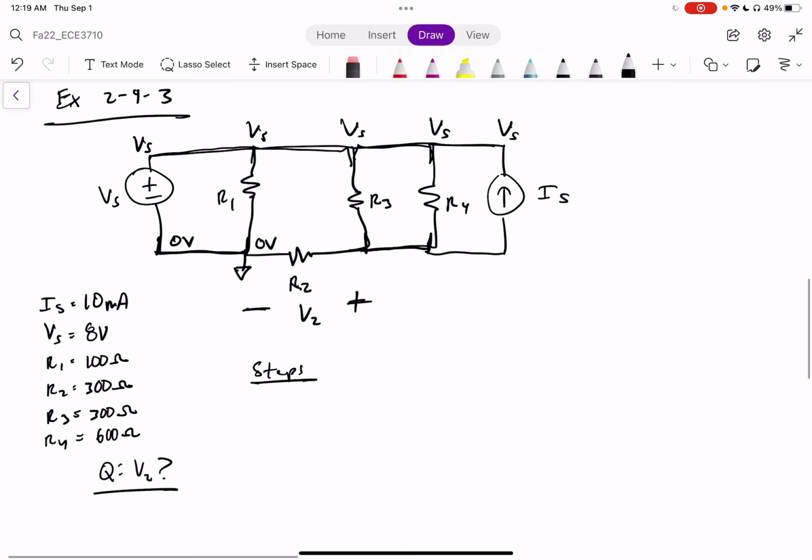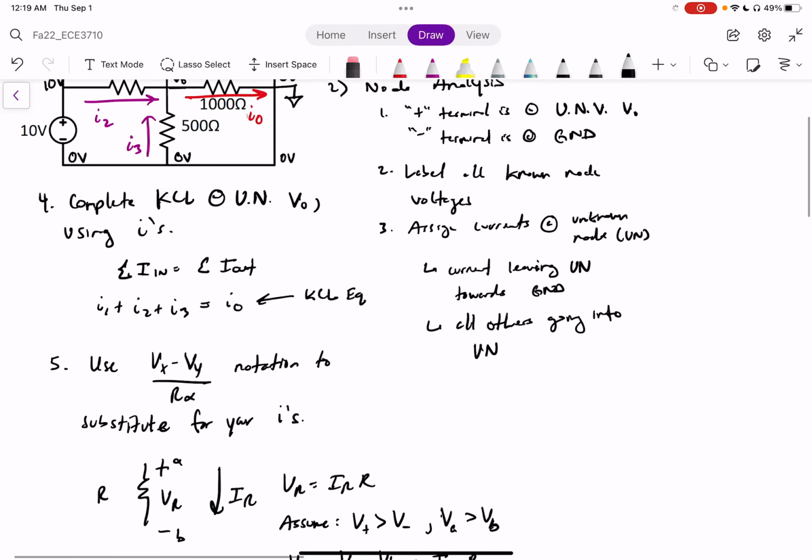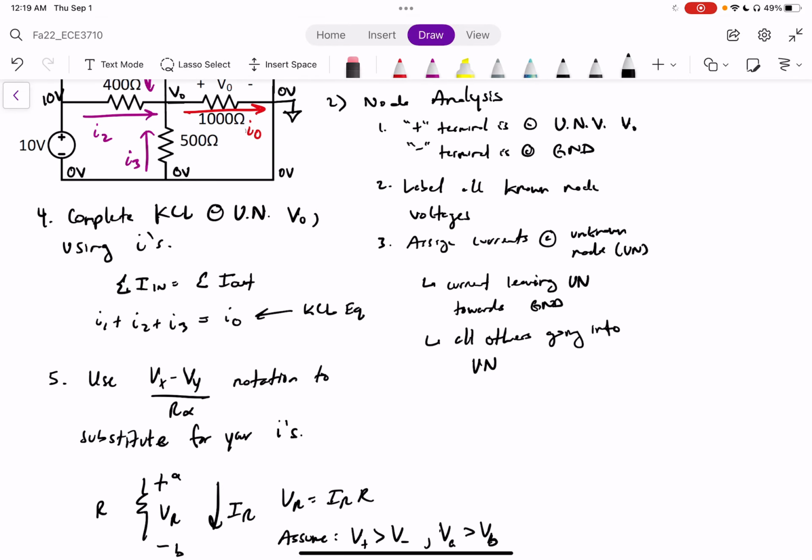This is a node, so this would be V2, V2, V2. What's step 3? Assign current at unknown node called UN. Current leaving unknown node voltage towards ground has to be drawn, and all other currents are going into the unknown node.